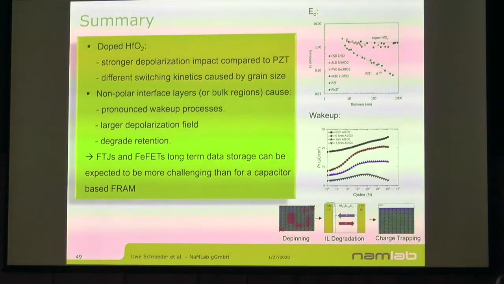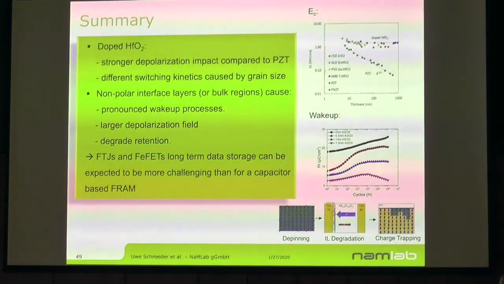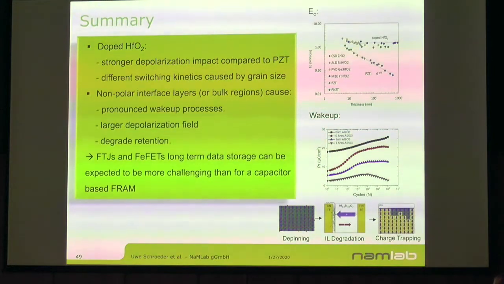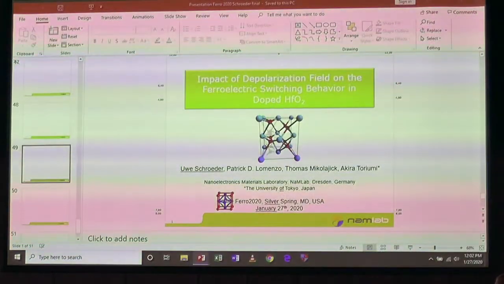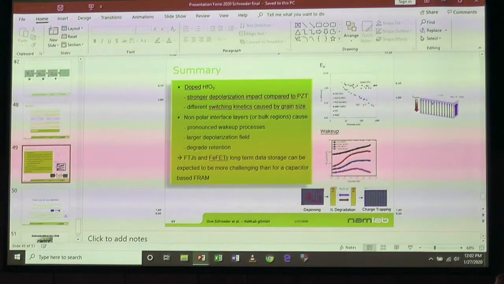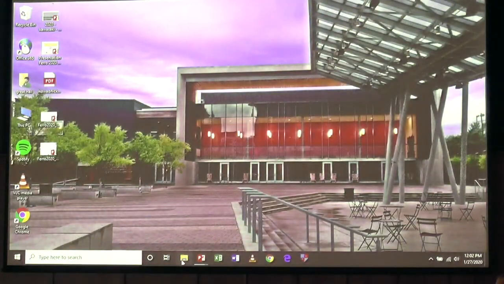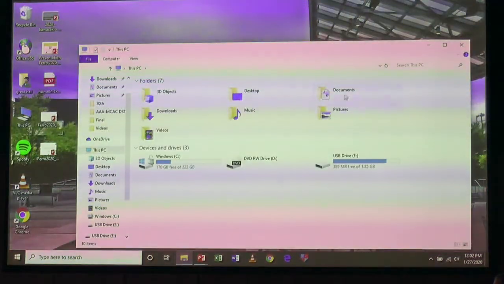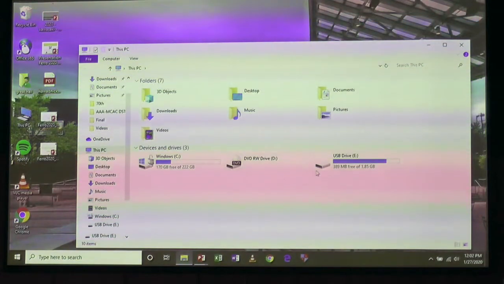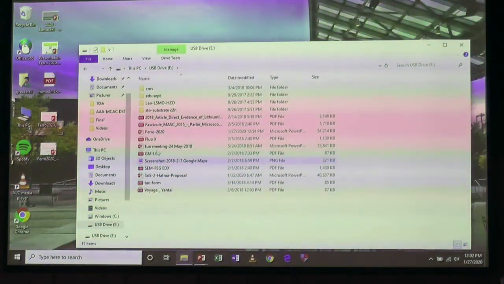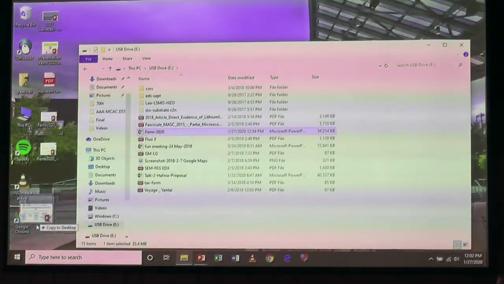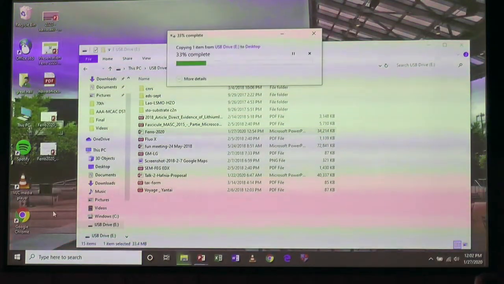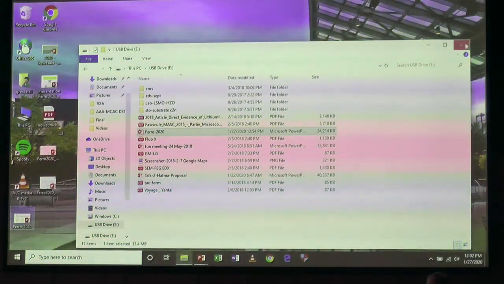But the question is how to distinguish between depolarization fields and possible phase changes with field. So probably we have to look a little bit more into the topic to really understand what's happening here. But it's probably nothing like two phase orientations becoming standard antiferroelectric materials.